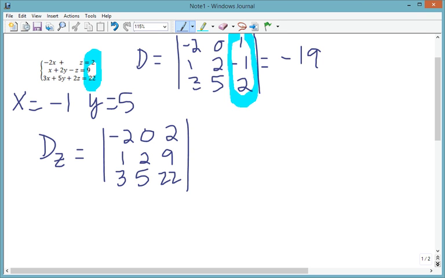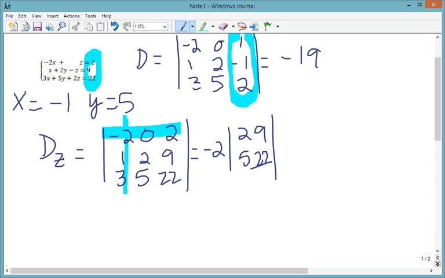So let's expand around the top one now, because it's got that 0 in it again. So I have negative 2, and when I cross off the row and column, I have 2, 9, 5, 22. And then I would have minus 0, and then plus 2, and I'll cross off the row and column that has the 2 in it, and have 1, 2, 3, 5.